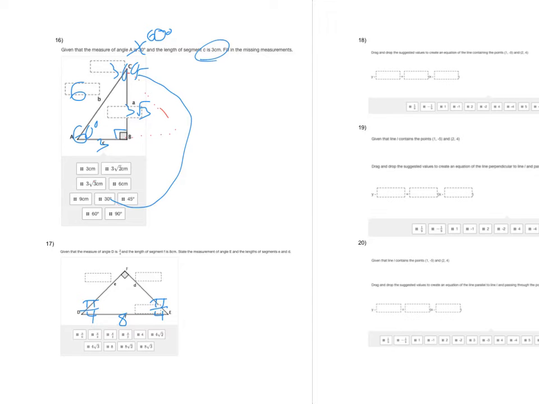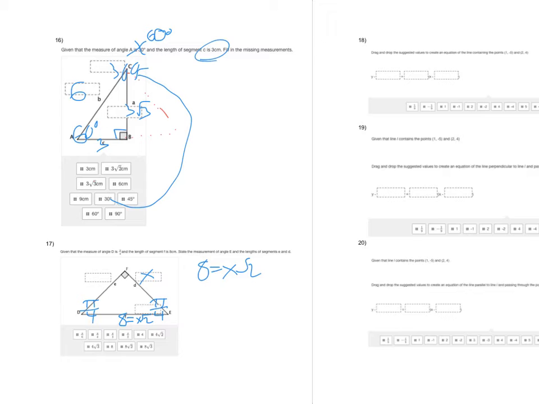It's the only option. And so once again, if you just remember your special right triangles, then you know that in a 45, 45, 90 triangle, the rule is that the hypotenuse is x√2, and the other sides are x. So you can just write that equation, that 8 equals x√2, and you can solve that.